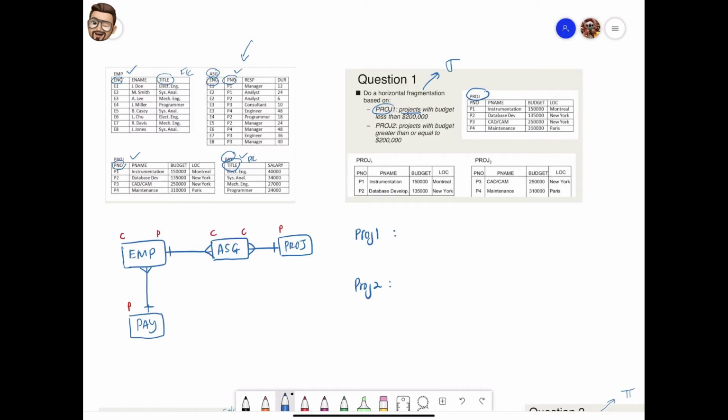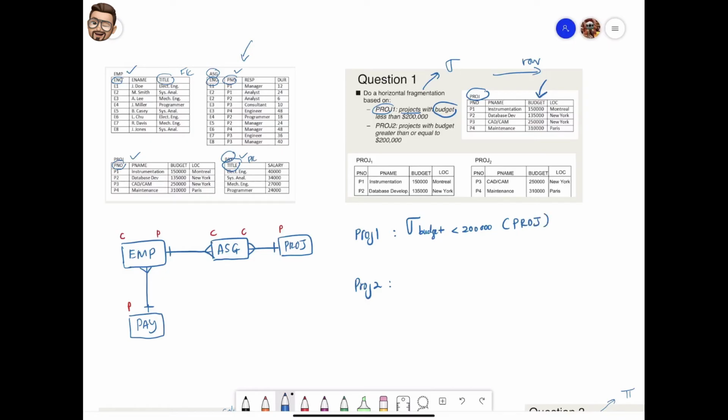Okay, in project 1, what do you want? Horizontal fragmentation, you want to divide the rows. Projects with budget less than 200k. So which column do we need to look at? Project, column budget. So what do we select? Budget less than 200k from which relation?